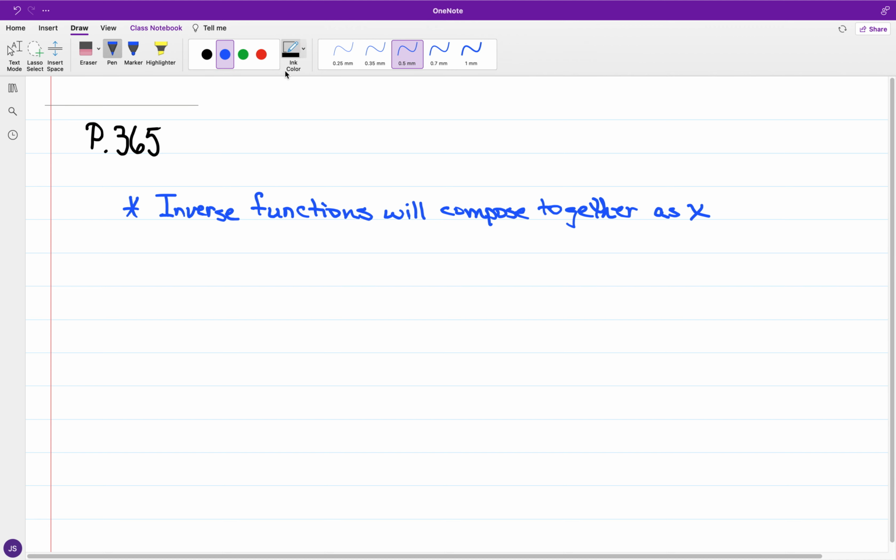And for what we have in the problem set from page 365, we're looking at determining whether the pair of functions will be those that are inverses of each other. For the functions we have presented, we have the first, h of x is equal to 7x minus 3.